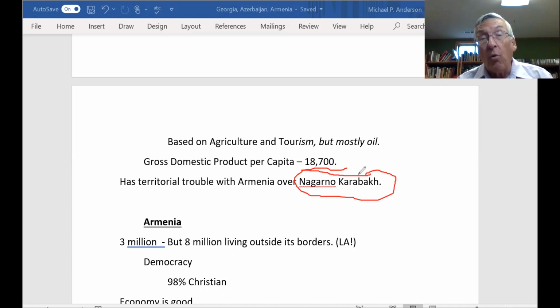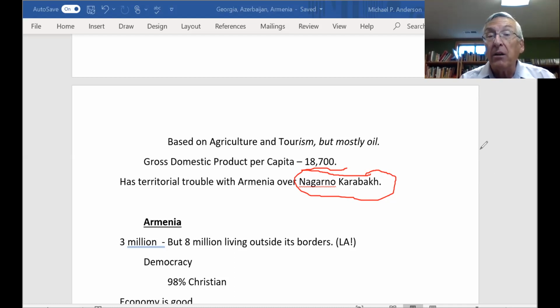Well, the Armenians want to be part of Armenia, and there have been really bad feelings about this, including some shooting going on. So there is lots of unhappiness between Azerbaijan, who is doing very well for themselves, and Armenia, their neighbor just to the west.